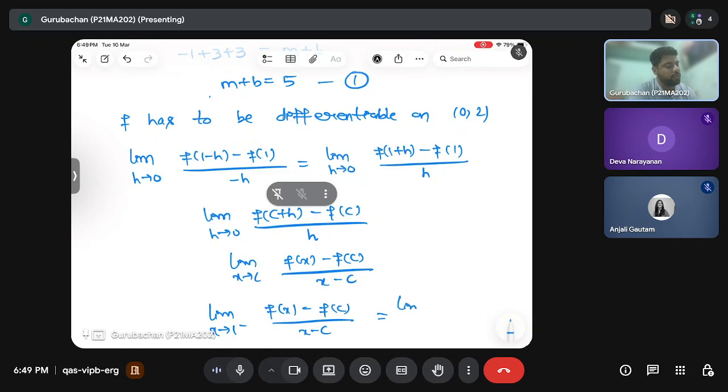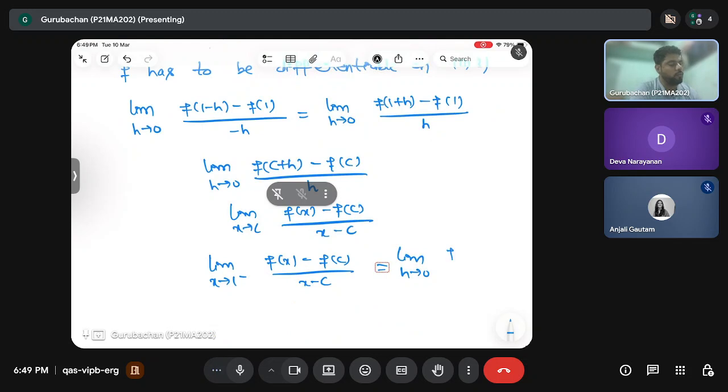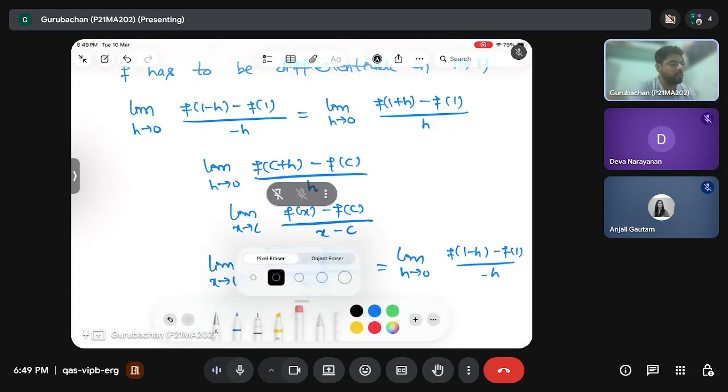When you will substitute x as 1 minus h, so this will give you f of 1 minus h minus f of 1 divided by minus h. So that's why we wrote like this.